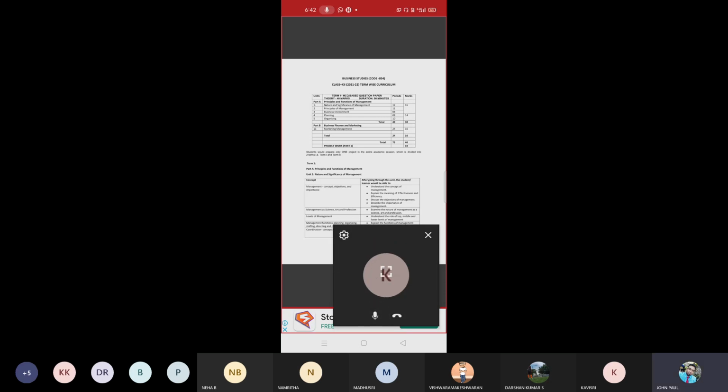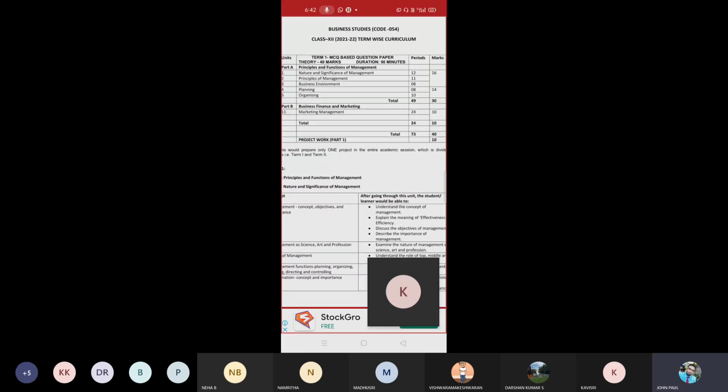So I want you people to give some attention. You can see in term one, this is term one, and which consists of 40 marks.